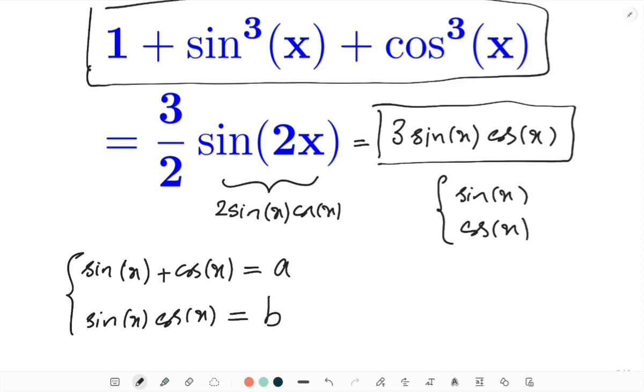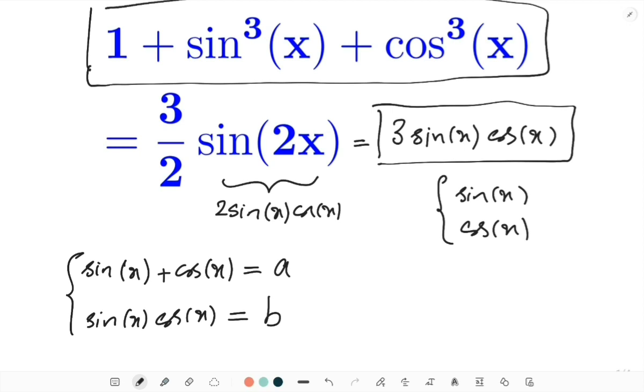But the idea is that in algebra, whenever you have an expression based on two different variables, let's say sine of x and cosine of x, you can take their sum as a new variable and their product as a new variable. And then this will definitely simplify the whole equation. And I can show you how it can do that.